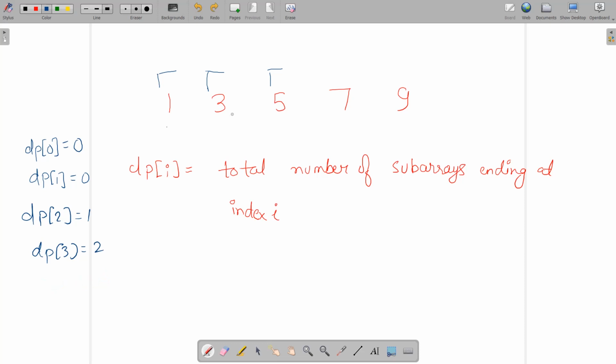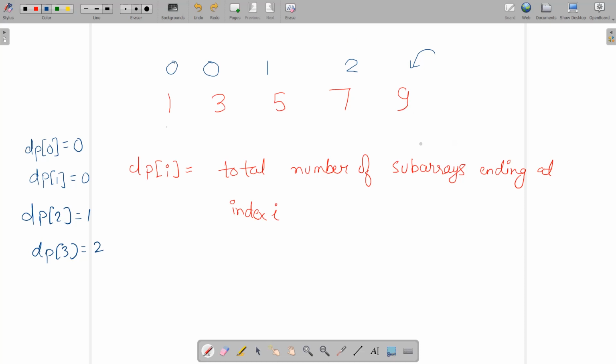So suppose what we are going to do is we are just finding out the value at this position, and we have the values at this position as 0, 0, 1, 2. So it means that the total number of subarrays ending at this position is 2.